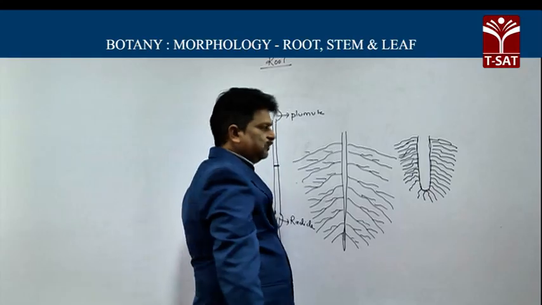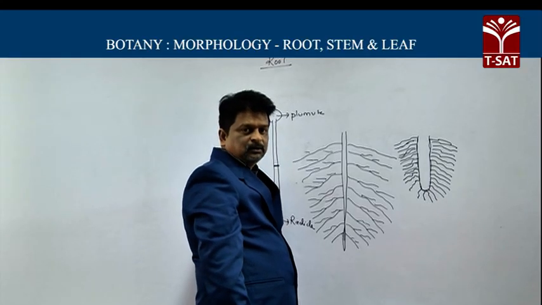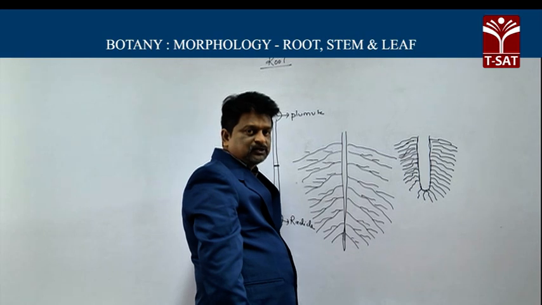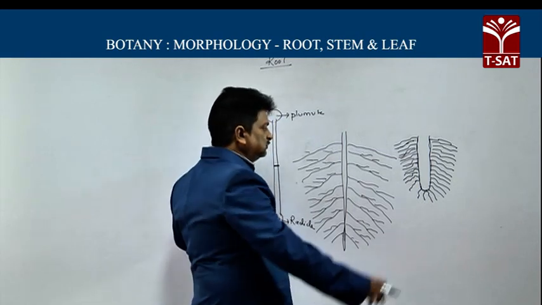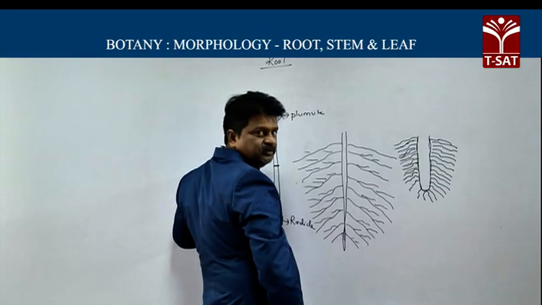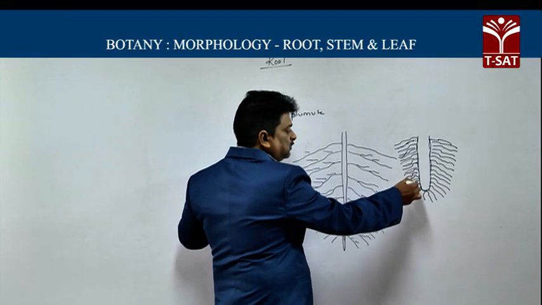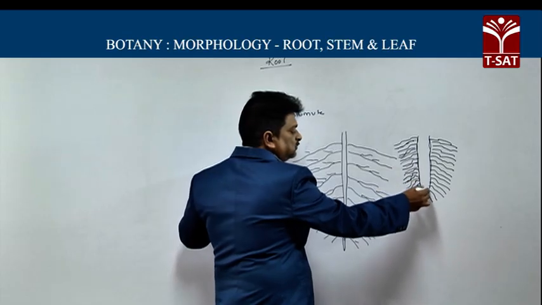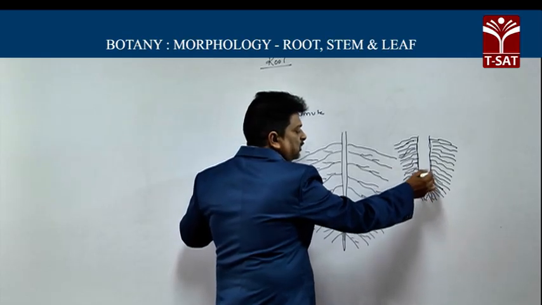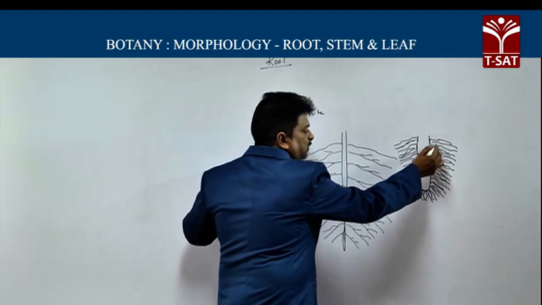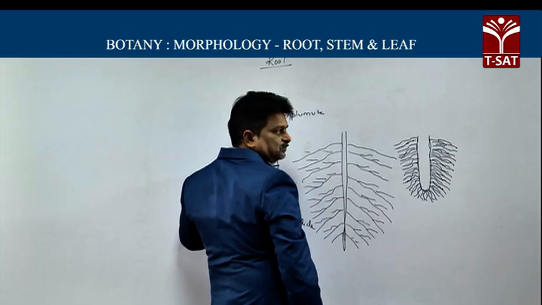So the point: in a fibrous root system, the radical develops into the main root but soon disintegrates, and many secondary roots develop from the base of the stem. It is common in grasses.